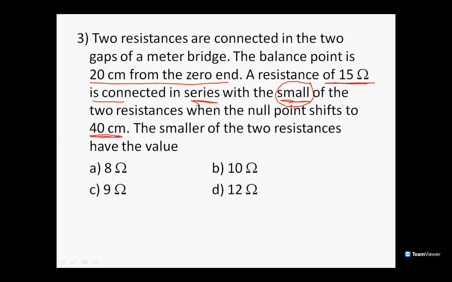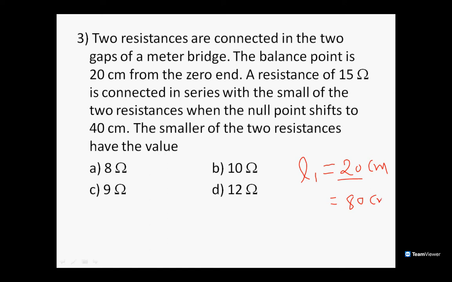Choices are 8 ohm, 10 ohm, 9 ohm, and 12 ohm. Students, here the initial balancing length L is 20 centimeter, so 100 minus L becomes 80 centimeter. Students, remember, this is the left side, and 100 minus L1 is the right side.